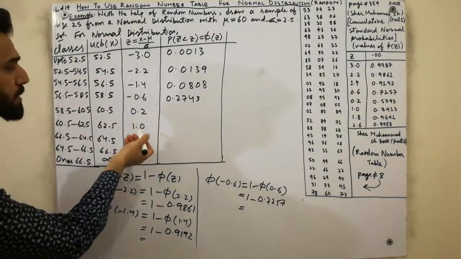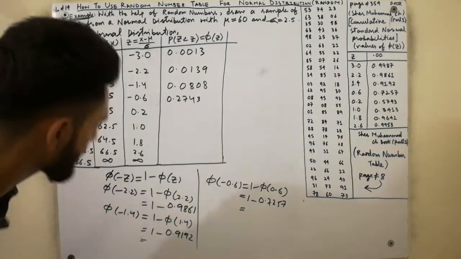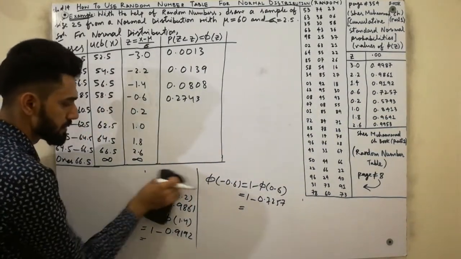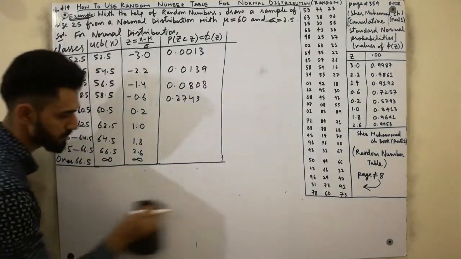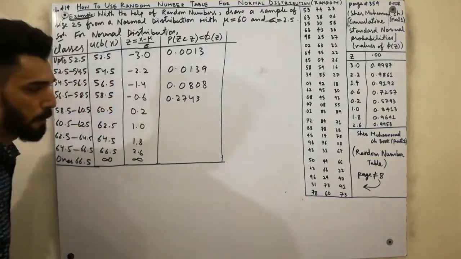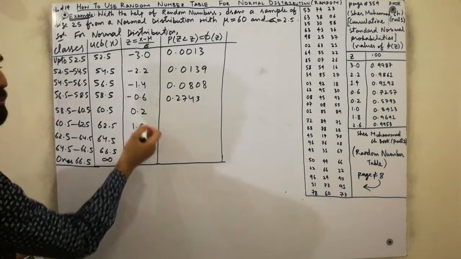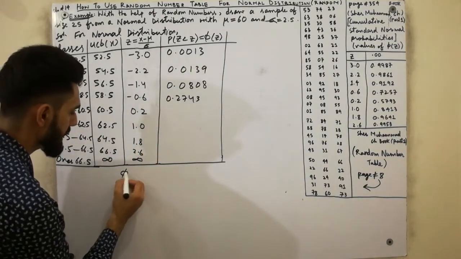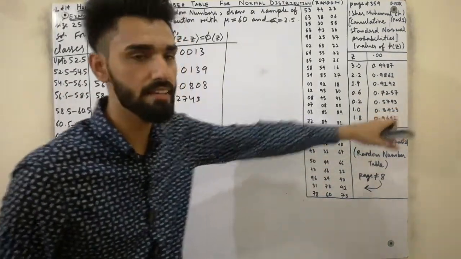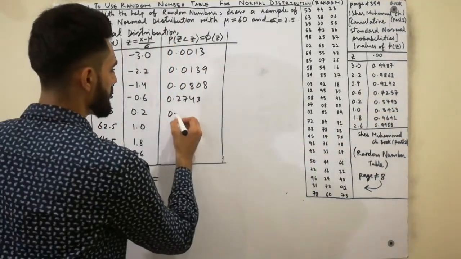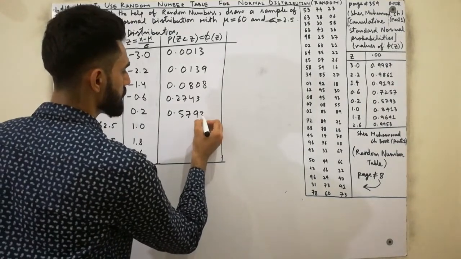Next, the positive values are very simple. The negative values I have solved, now I am solving the positive values. Phi of 0.2 is equal to 0.5793.